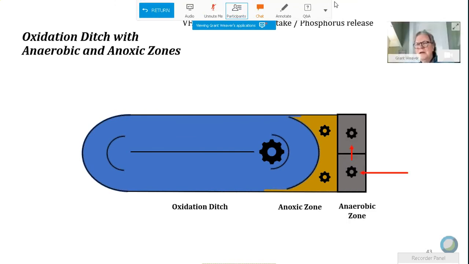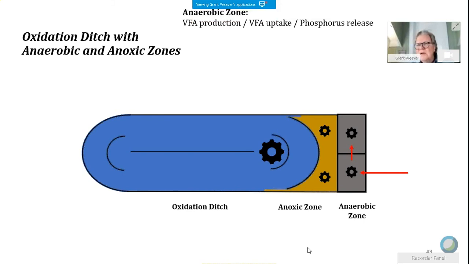The BOD, and a little bit of mixed liquor goes in here so that you create septic enough conditions to create the volatile fatty acids, and the volatile fatty acids will be consumed by the bacteria in the return sludge and will release phosphorus coming out of this zone.